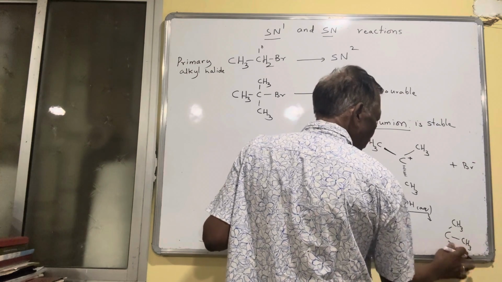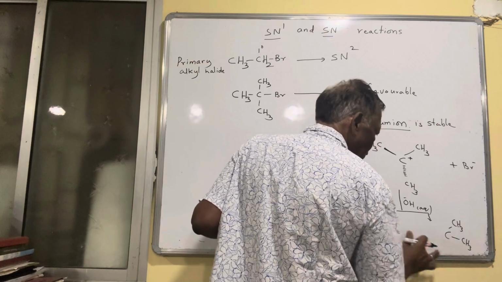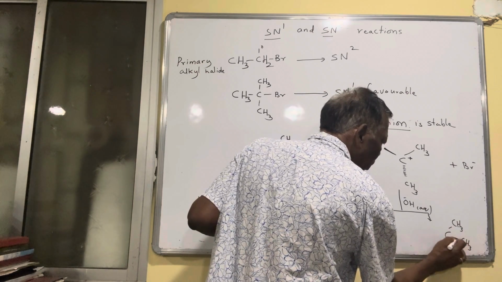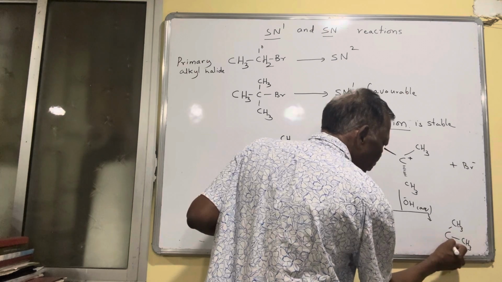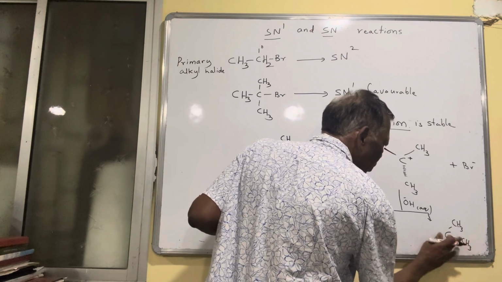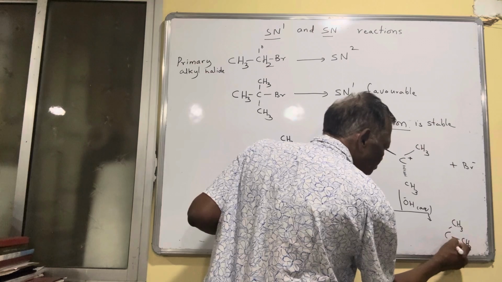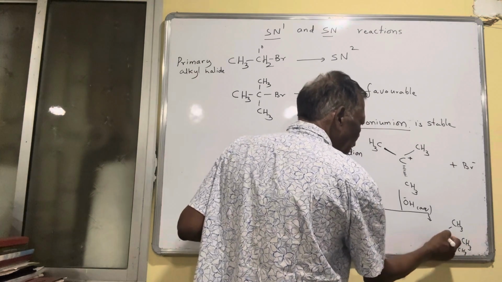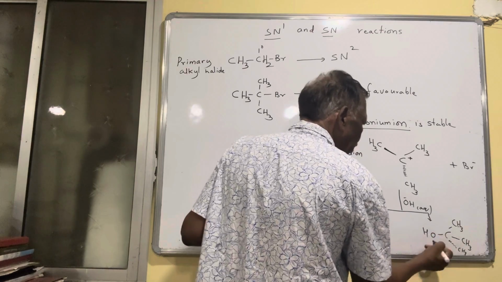Okay. So suppose we have here, I'll just show you the same way as the rough structure. So this is how you get it, CH3, and here OH is added.